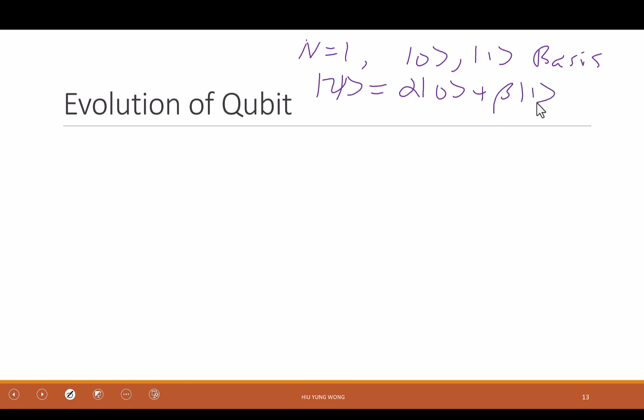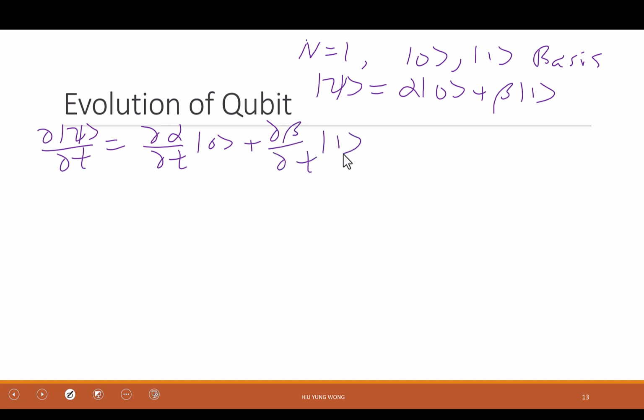I'm repeating. Then we have partial psi partial t equals partial alpha partial t 0 plus partial beta partial t 1. Is this okay?